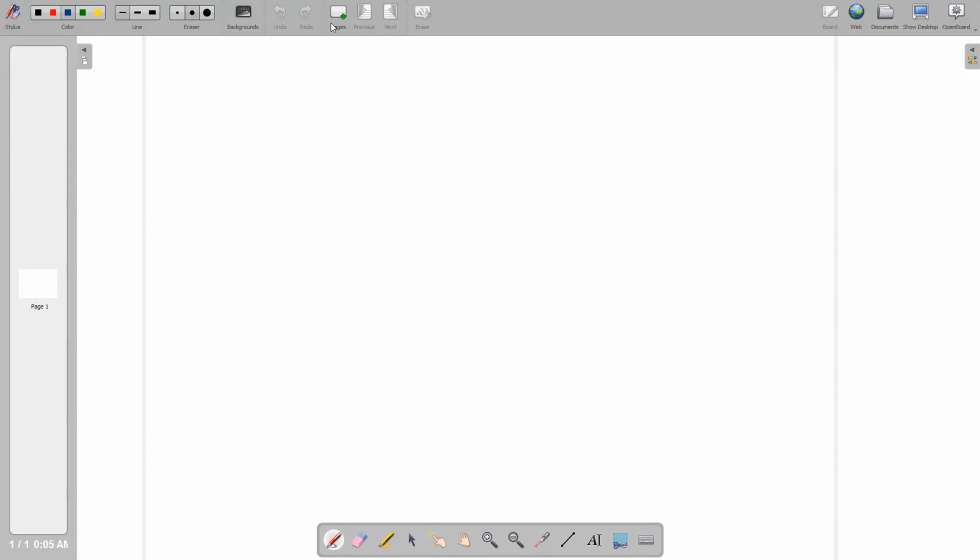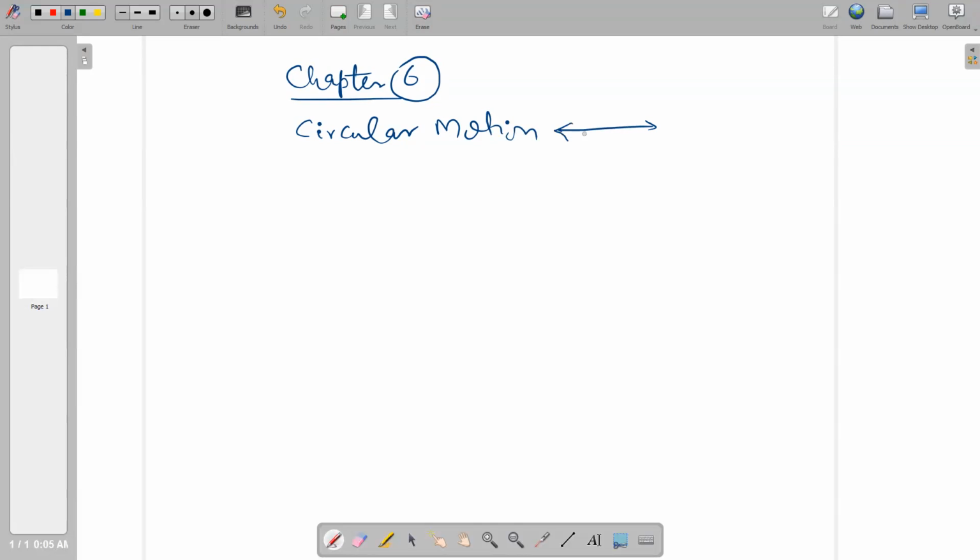So today we will start chapter number 6, and in chapter number 6, what we will study. Chapter number 6 is actually related with the circular motion, and this circular motion is connected with Newton's laws.